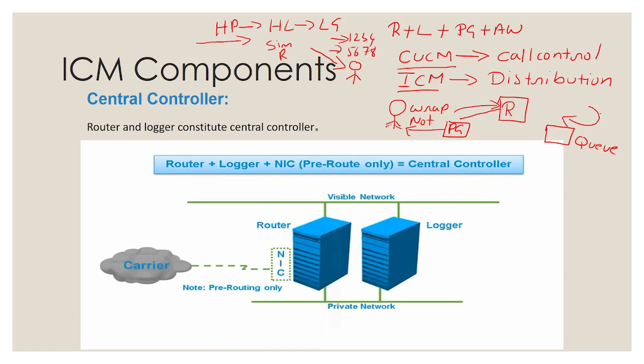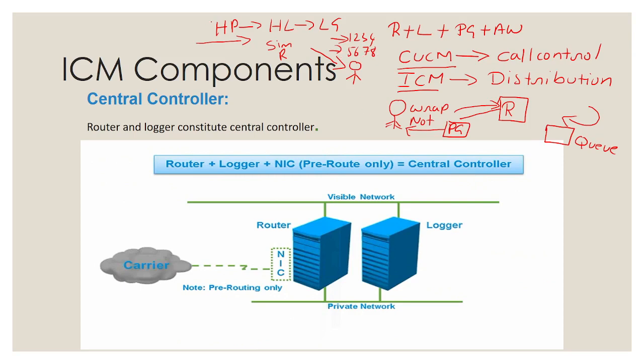When a call queues against the skill group, the router looks for an available agent and then routes the call to the agent. But in the previous example of CUCM, the call is directly given to the agent whether he is available or not. It just routes the call.